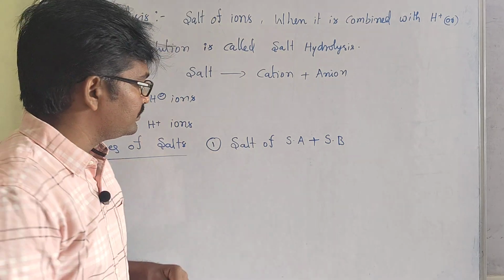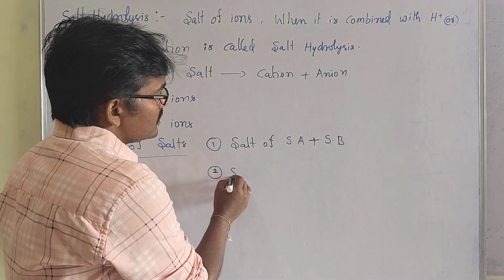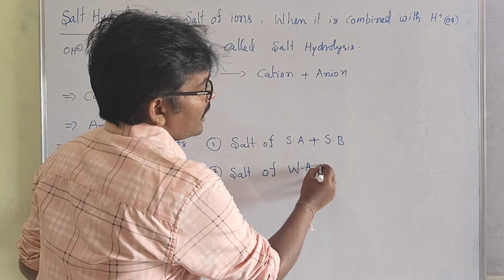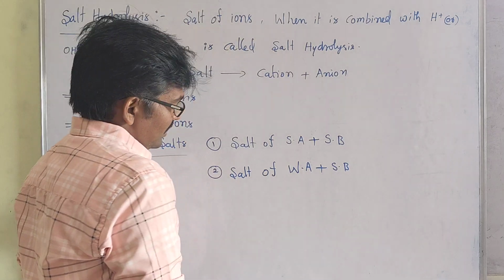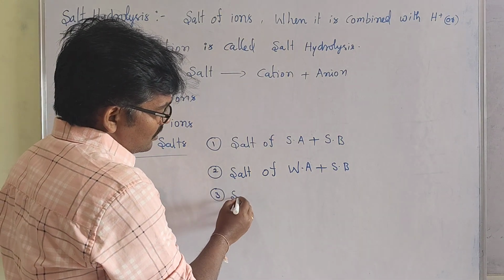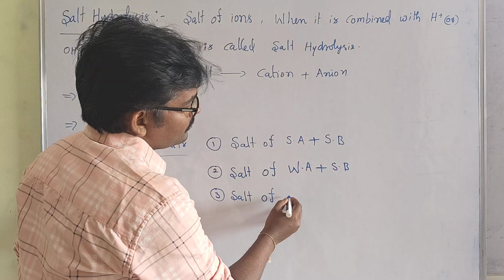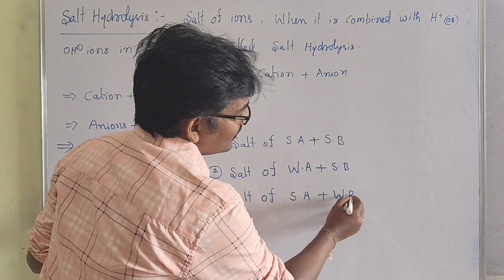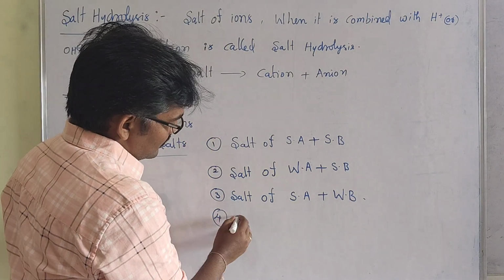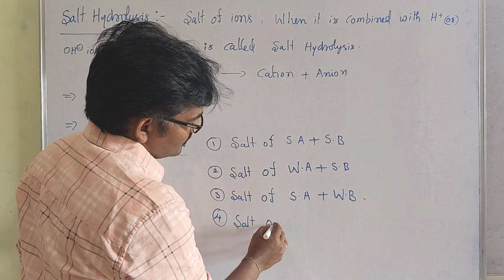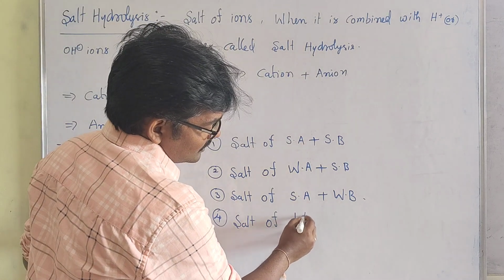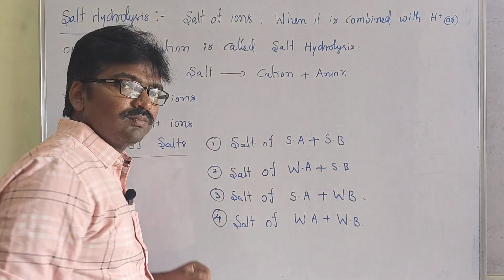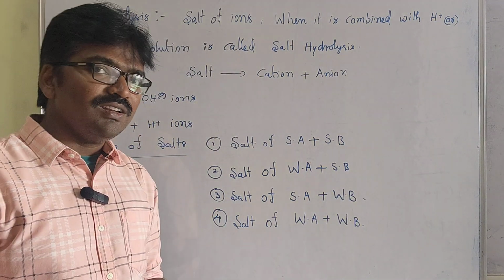Number 2, a salt of a weak acid and a strong base. Number 3, a salt of a strong acid and a weak base. Number 4, a salt of a weak acid and a weak base. So these many types of salts are there.